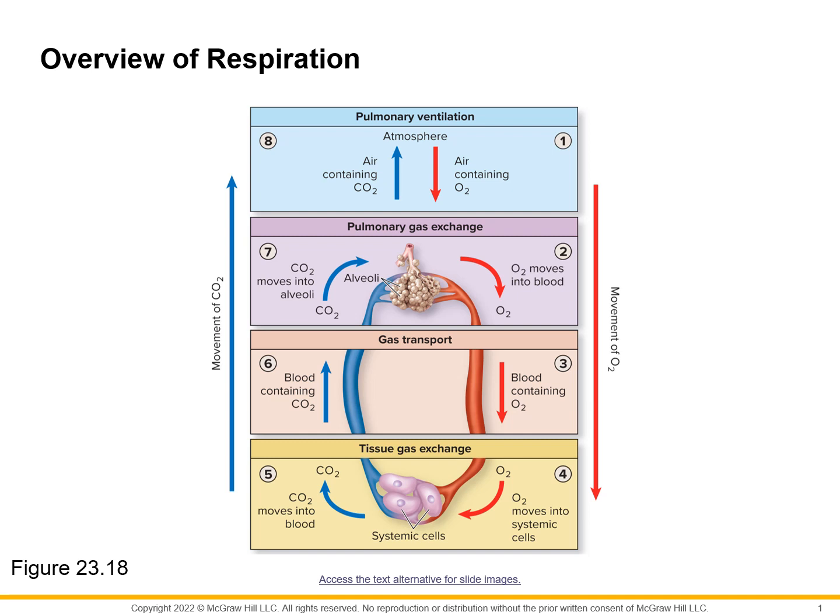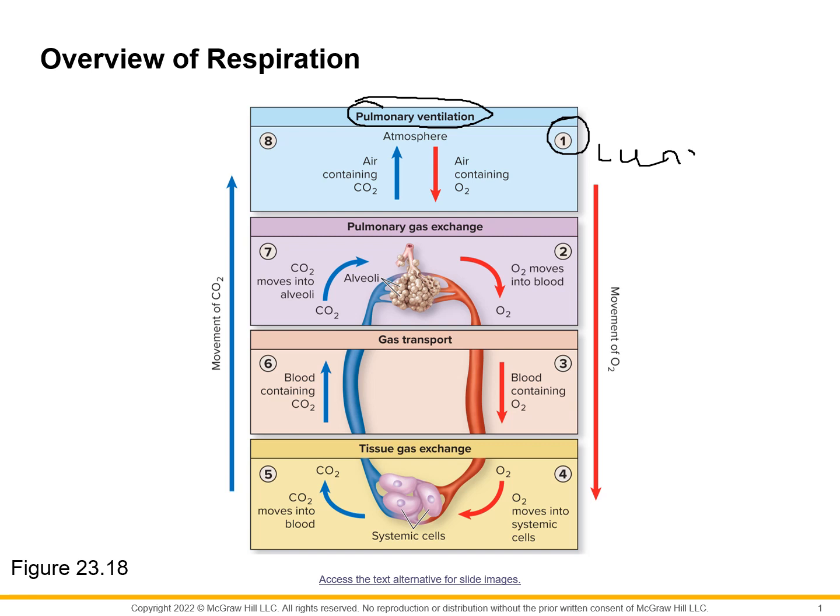So I really like this diagram because it's showing you a visual of what is happening in the various phases of this entire process. So I'm going to start here at point number 1. The first major step in this process is called pulmonary ventilation. Now, pulmonary ventilation is happening in your lungs.